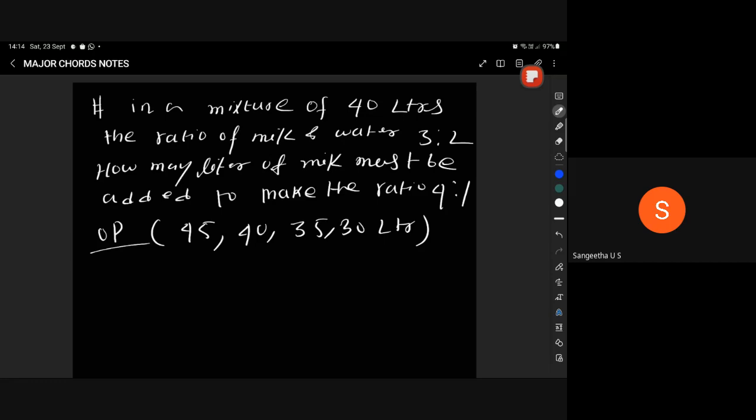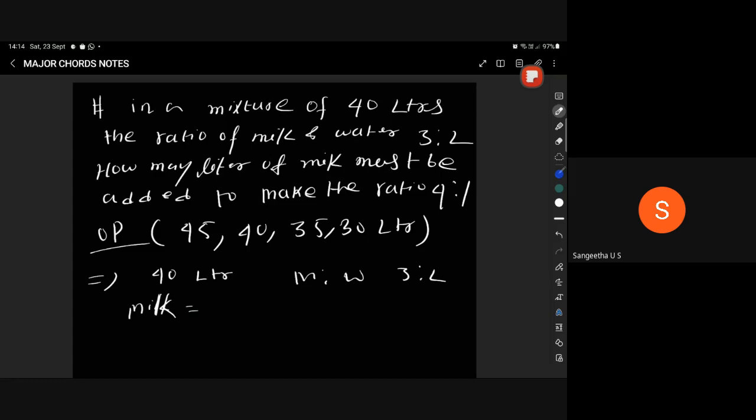See, first you find out what is in the total mixture of 40 liters. The ratio of milk to water is 3:2. Find out the amount of milk.